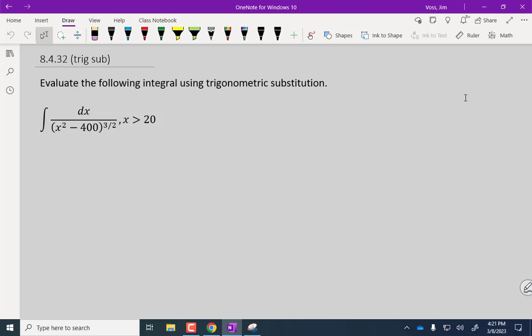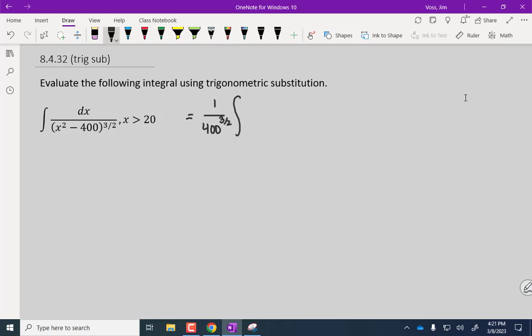That is secant. So we're going to factor out that 400 because we want a difference of squares with a 1. And that 400 is in the denominator. What should the exponent on that 400 be? 3/2. So if we just had a square root in the denominator, we'd have a square root of 400.